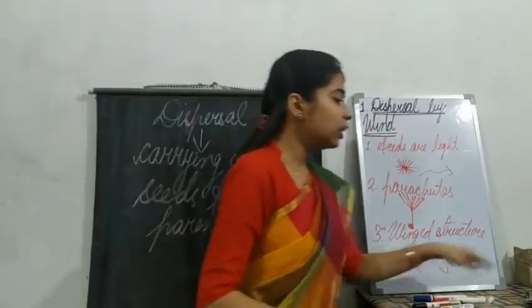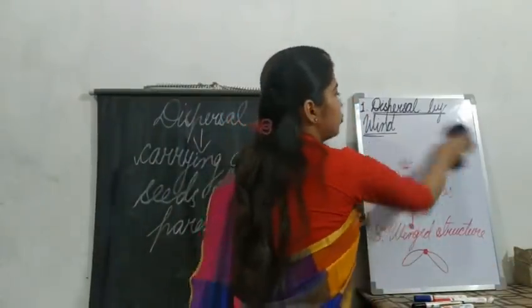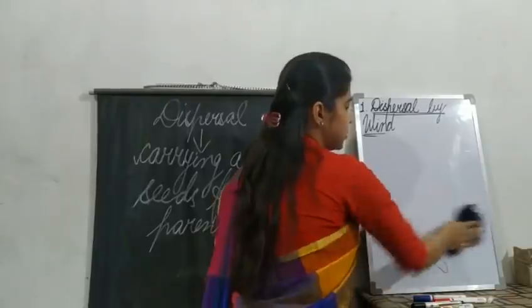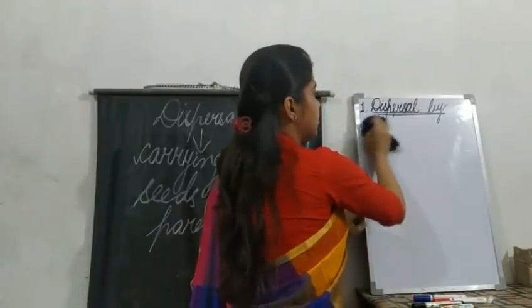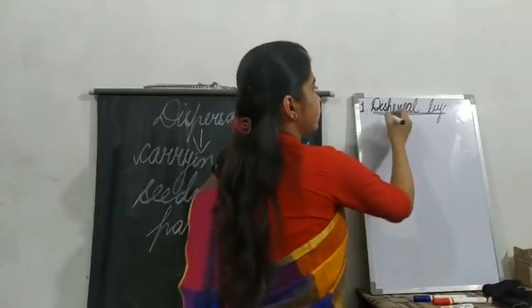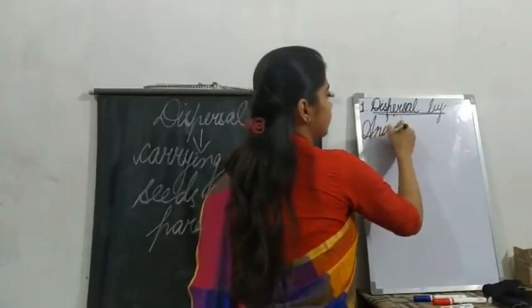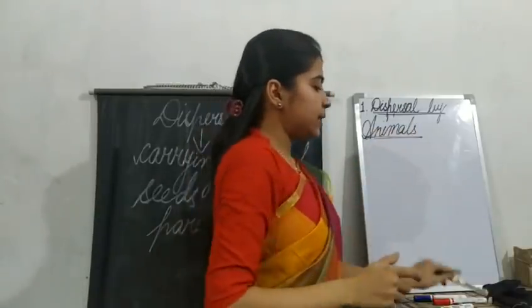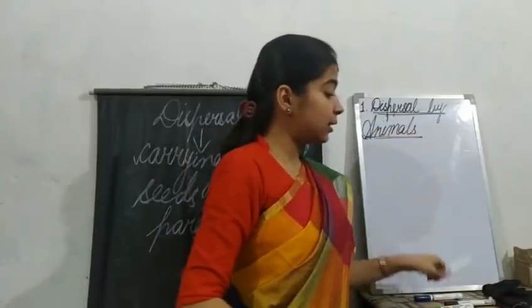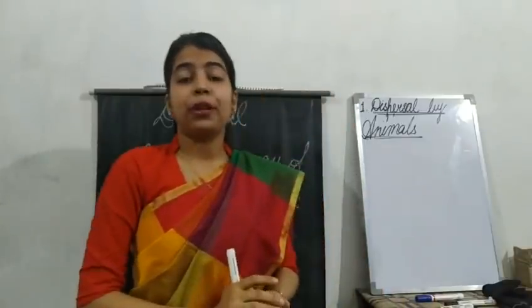Okay. Now, next that I am going to teach is dispersal by the next agent, that is by the animals. Now see, dispersal by animals is very common to you all.